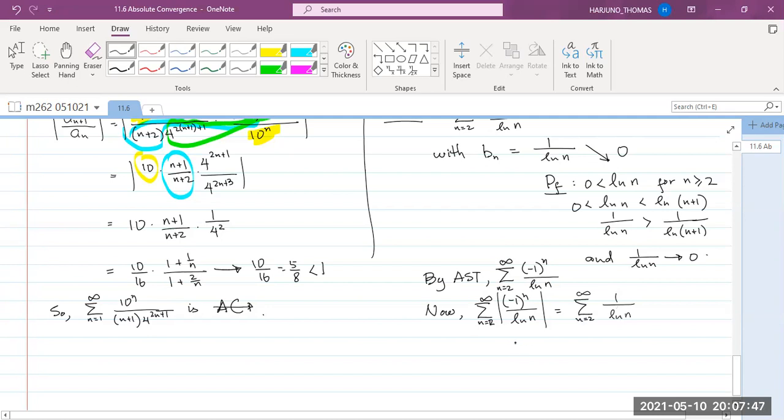Note that even though ln n is positive, it is always less than n, for every n. The natural log of x has this shape, while y equals x looks like this. Do you see that? Consequently, 1 over natural log of n must be greater than 1 over n. Is that right?